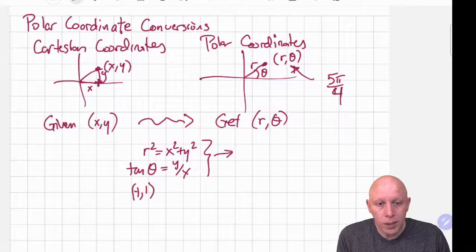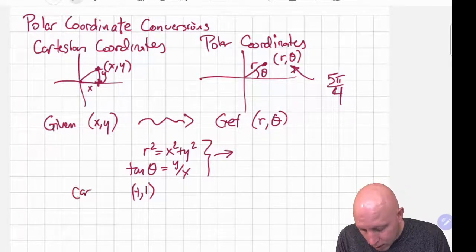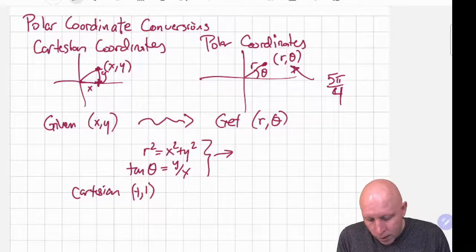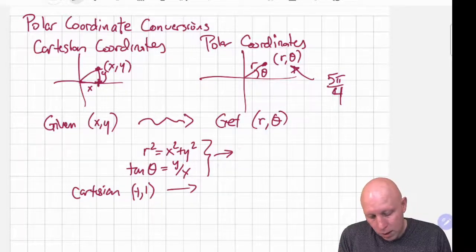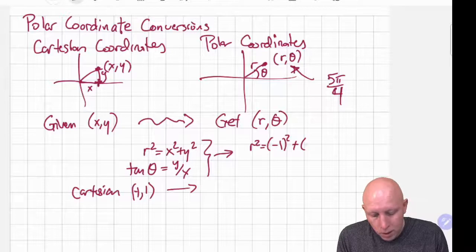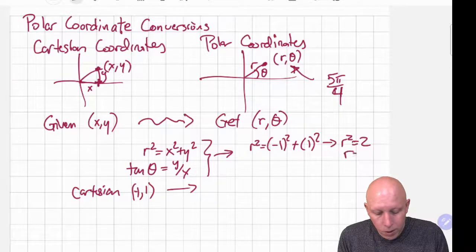So for example, let's say we're given the point negative 1, 1. That's a point in Cartesian coordinates. What does that correspond to in terms of polar coordinates? Well, we say r squared is equal to negative 1 squared plus 1 squared. So r squared is equal to 2, so r is equal to root 2.